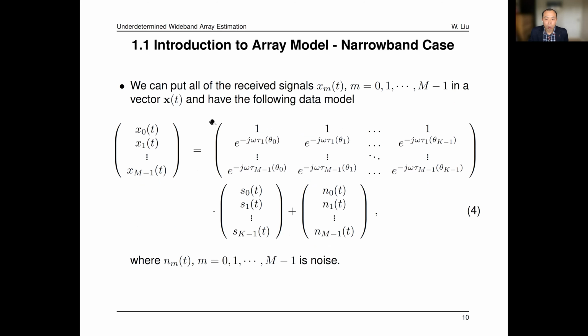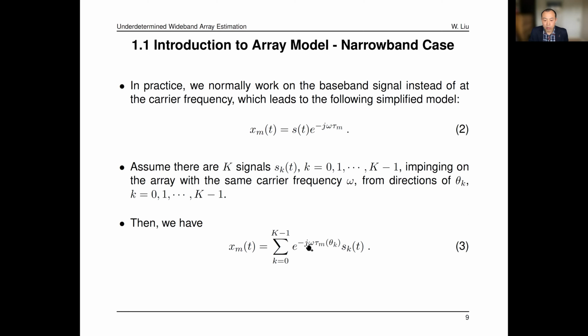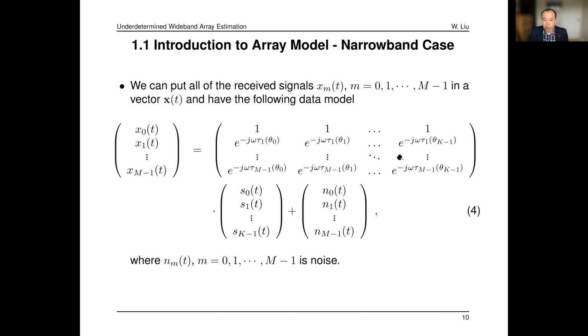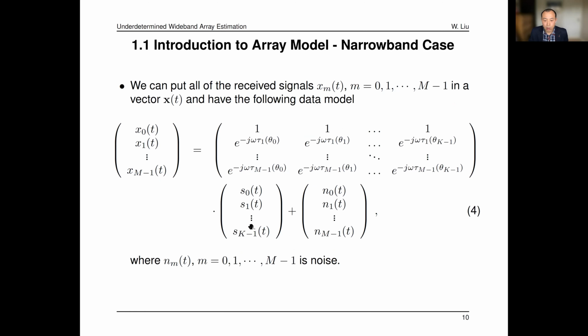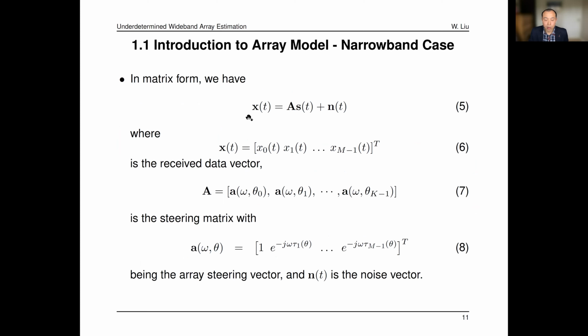And we can put all of the received signals in a vector form. So this is the vector. And also this element is the phase shift in another matrix, and the source signal also in a vector. And here we add this noise. And then we have this x(t), this vector, and this A, we call it the steering matrix. s(t) is the source vector, and n(t) is the noise vector.